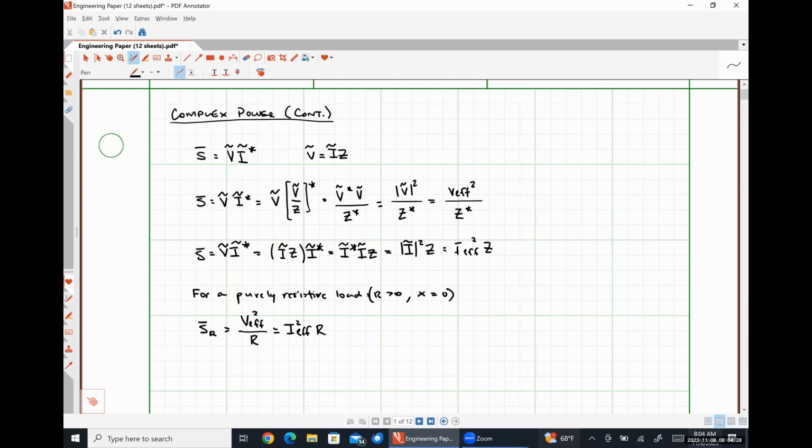And we've circled all the way back around to our just basic DC power relationships here. So using effective values allows us to just use our DC relationships.